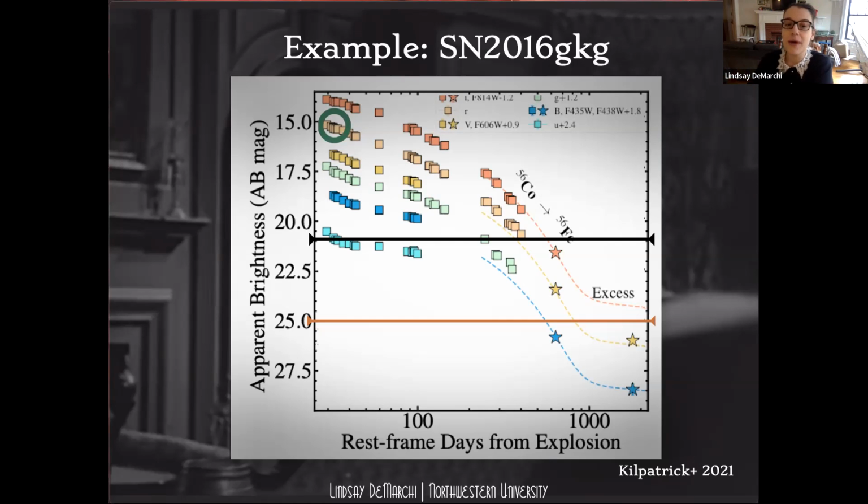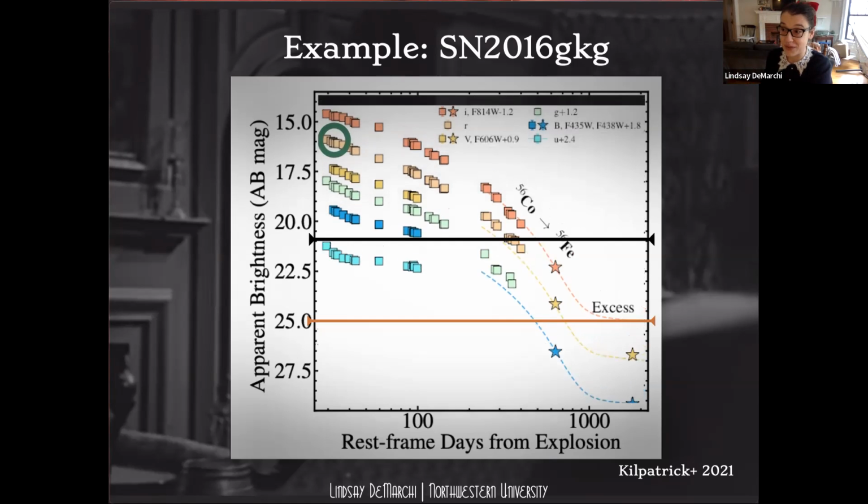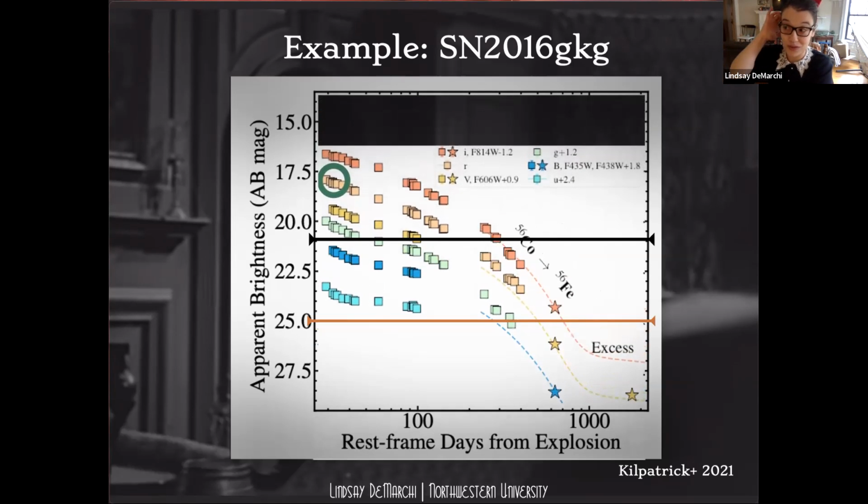Excellent. But if 2016 GKG was located instead 100 megaparsecs away, the light curve that we would have observed would look like this. And you see that the good stuff, or even around 40 days where we would want to start triggering, is getting really close to 21 mag. However, 25 mag, so sorry, this is about where 40 days is.